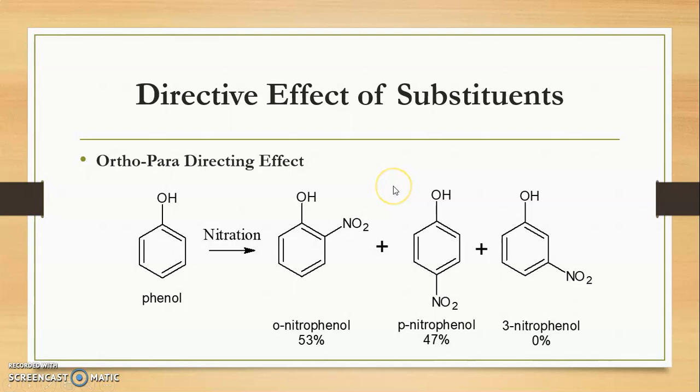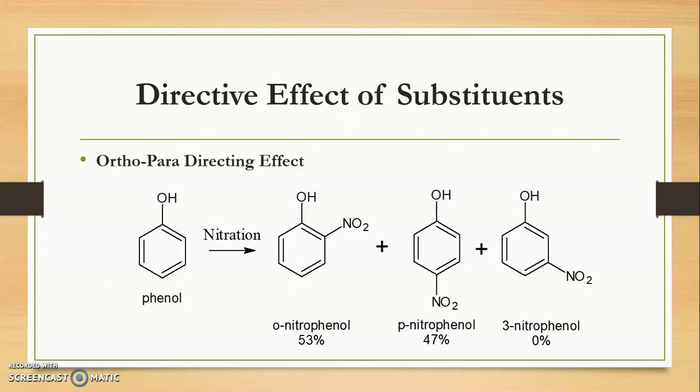You can see what we are expecting, as monosubstituted benzene has three different positions: one is ortho, then meta, and the third one is para. So when we perform the electrophilic substitution reaction of the monosubstituted benzene, we expect that the product obtained must be a mixture of three different products: the ortho substituted product, the meta substituted product, and the para substituted product.